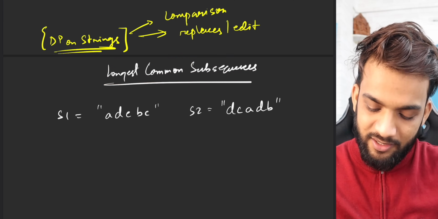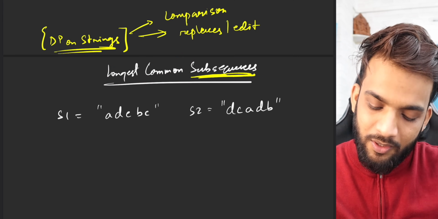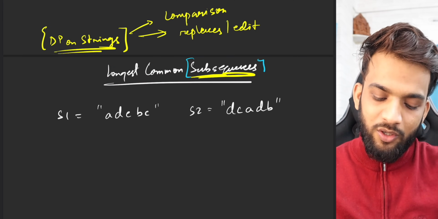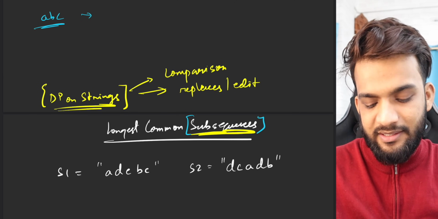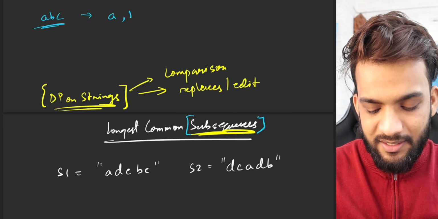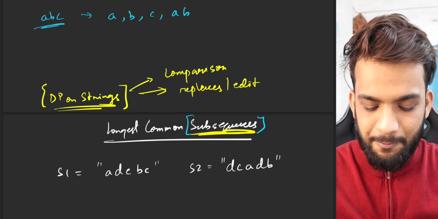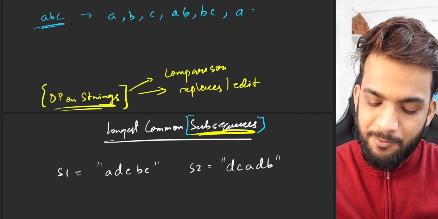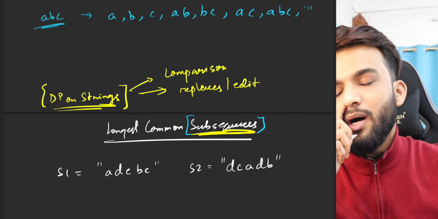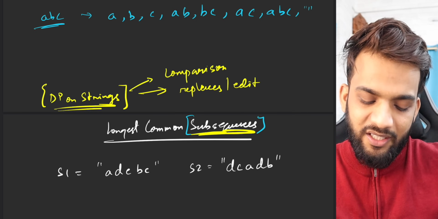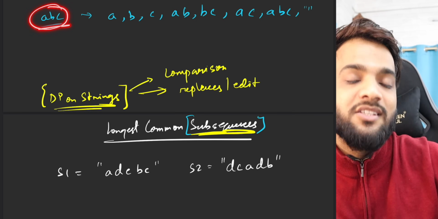But before understanding that, let's understand this term subsequence in depth. What is a subsequence? If I write ABC, A is a subsequence, B is a subsequence, C is a subsequence, AB is a subsequence, BC is a subsequence, AC is a subsequence, ABC is a subsequence, and the empty string is also a subsequence. What is a subsequence in a string S?